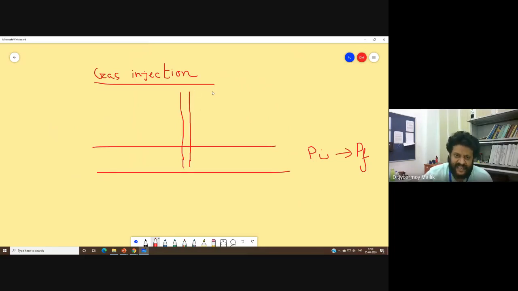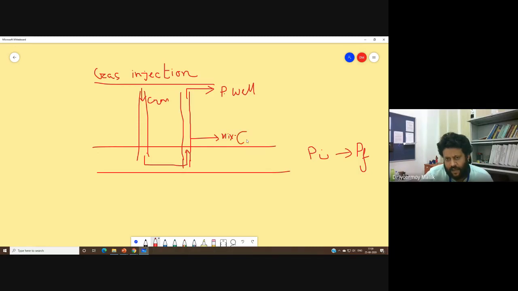you can inject. So, for example, this is your production well. And then you can also inject gas. Instead of water, you inject gas. And then from here, actually a mixture of oil plus gas comes out.